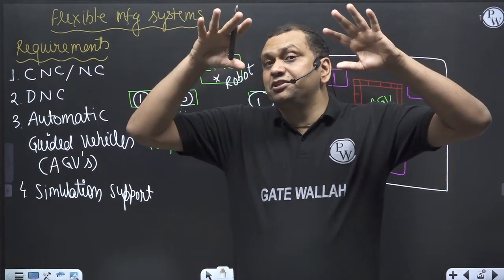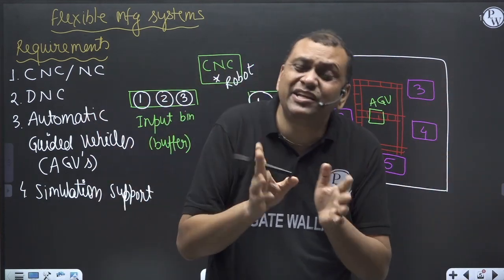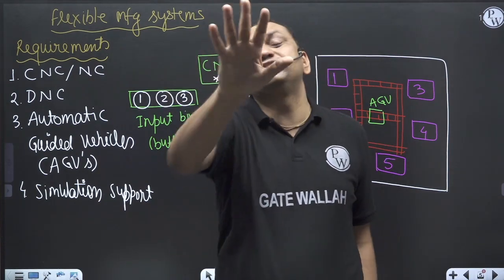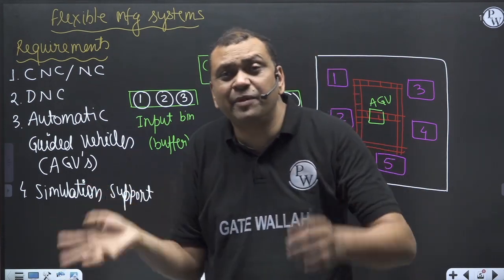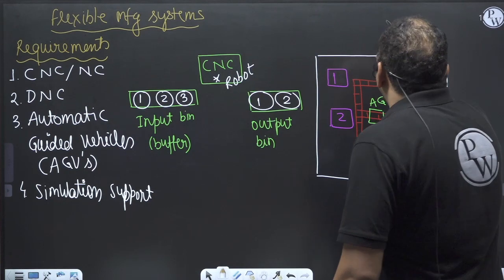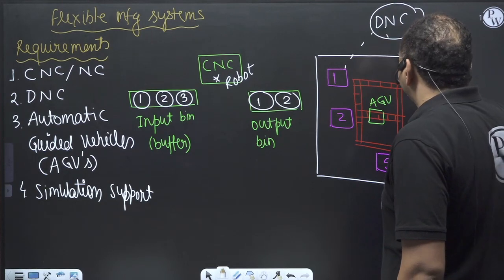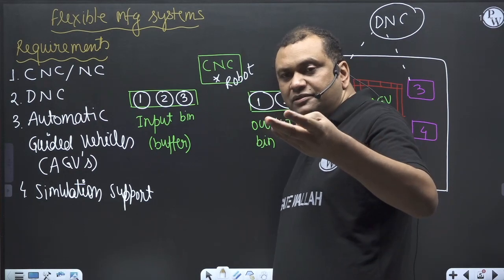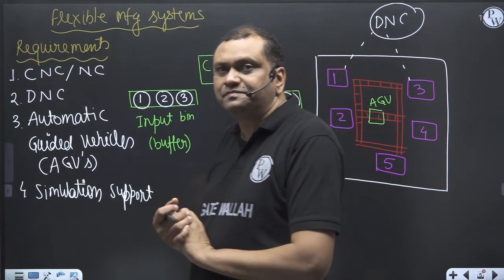In a flexible manufacturing system, varieties of parts are being processed simultaneously, not a single type of product. There will be a DNC system, and everything in the plant, from the raw material, CNCs, AGVs, and robots, is connected to this DNC system.